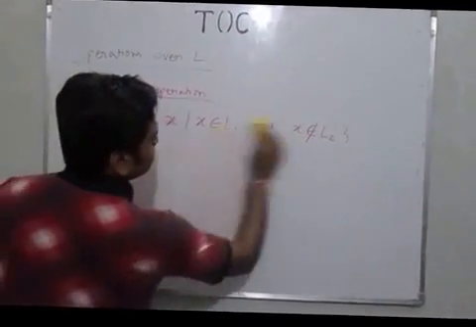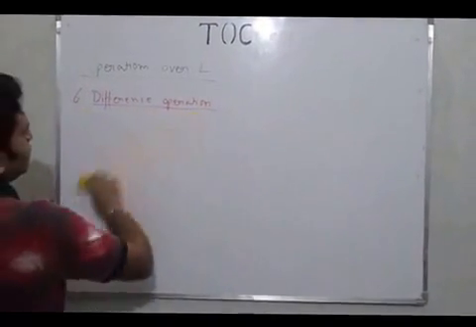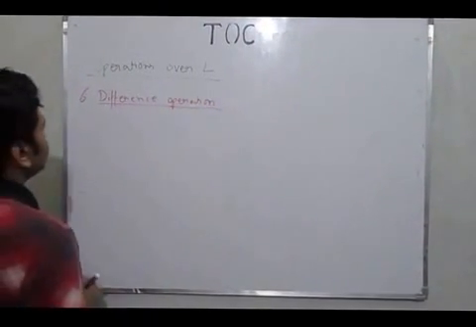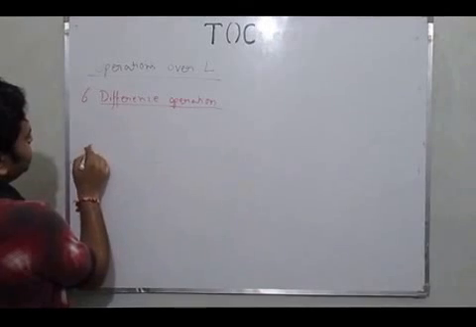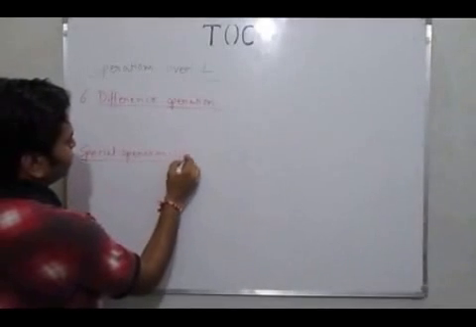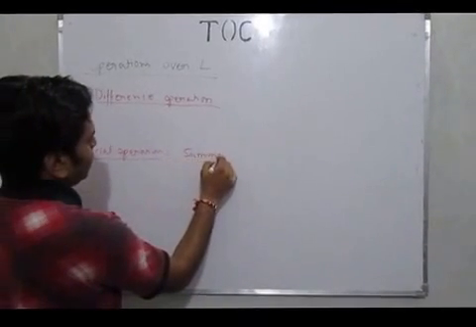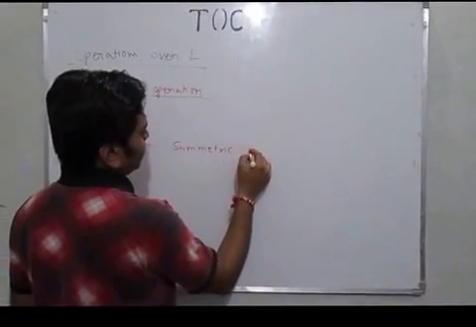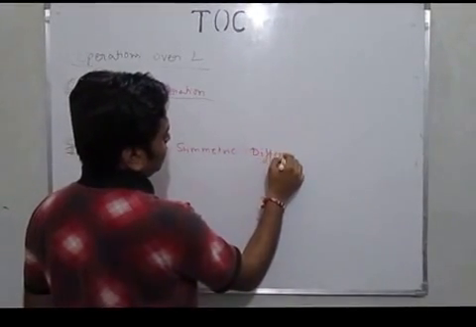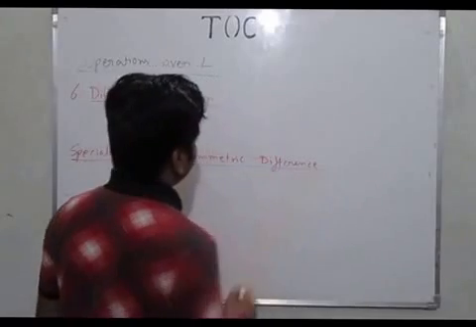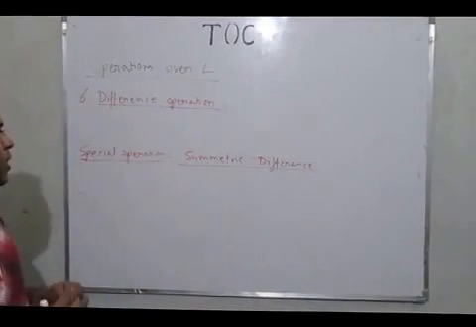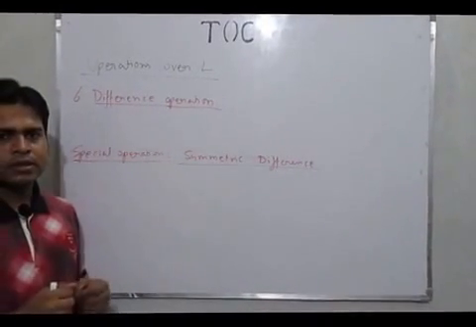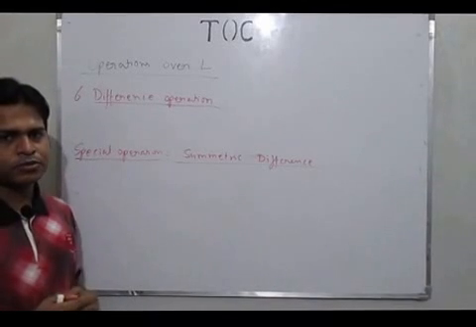That is the symmetric difference. Fine. We can have a special operation that we call symmetric difference, and it is simply a modification. It is obtained basically by combining the union and the difference operations.